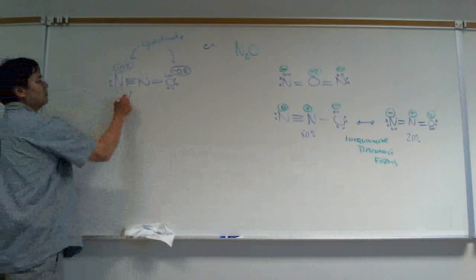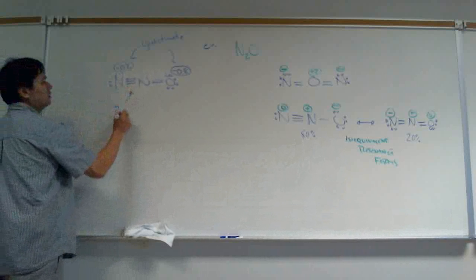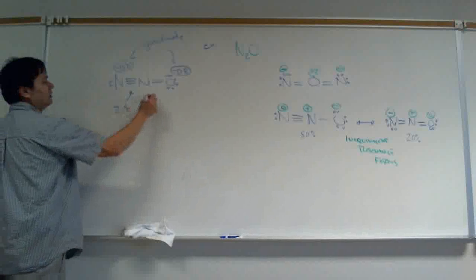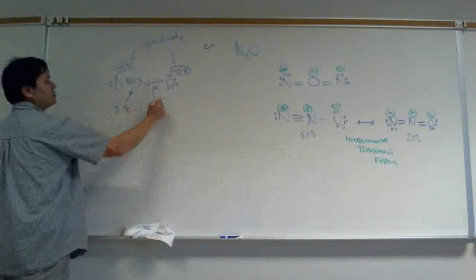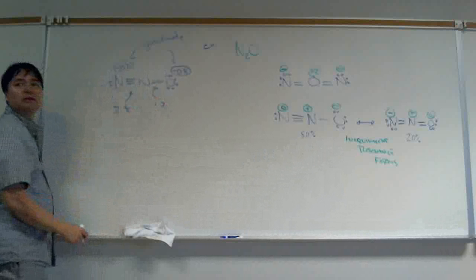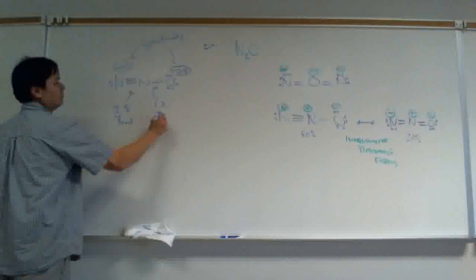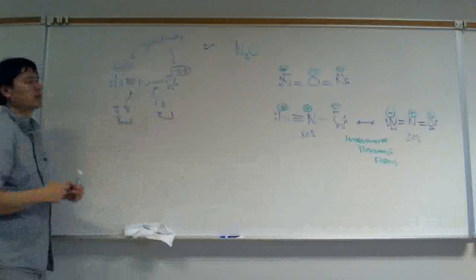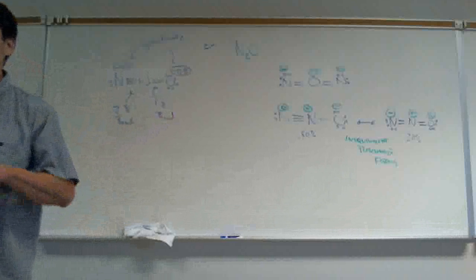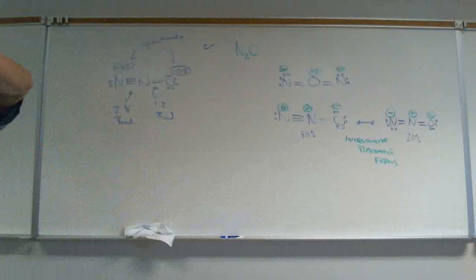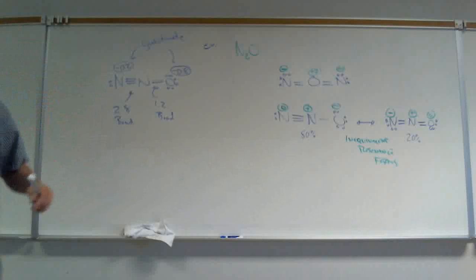And so this bond would be something like a 2.8, and this would be like a 1.2 bond. In other words, all we're doing is we're trying to delocalize or spread out the electron density.